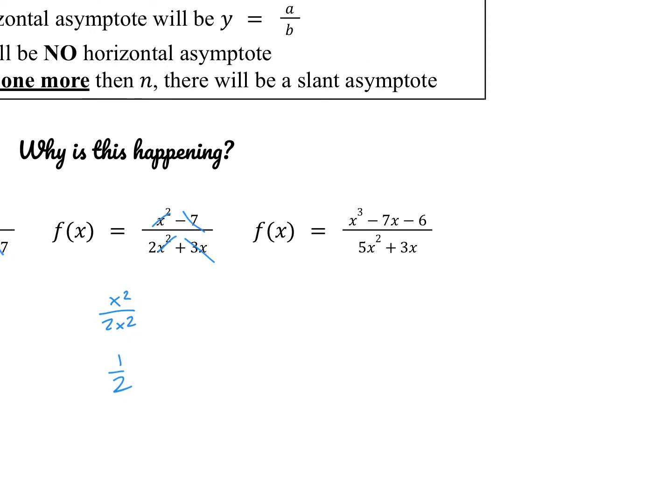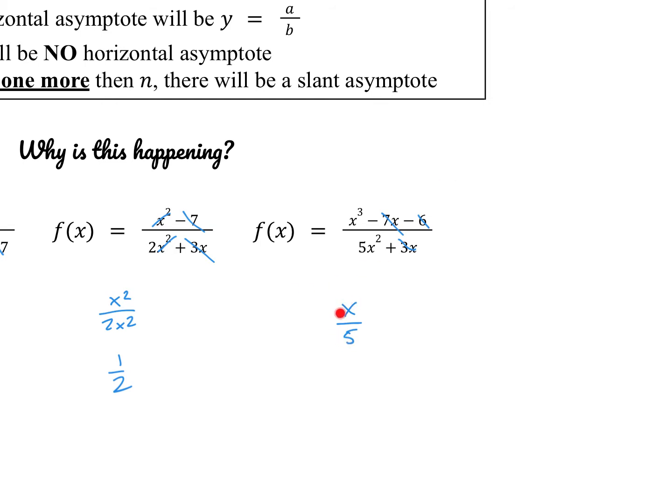And then same idea when the numerator has a larger degree. Again, when you're working with such large numbers, everything else is insignificant. What we have left is x cubed over 5x squared, which would just simplify to x over 5. And again, imagine you're plugging in 1 million. If you're plugging in 1 million and dividing it by 5, it's still a very large number.